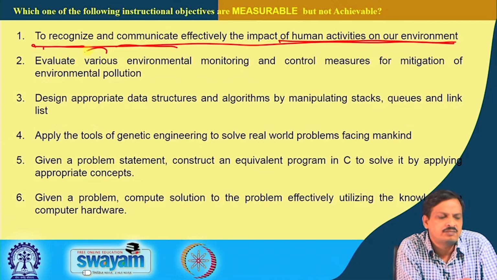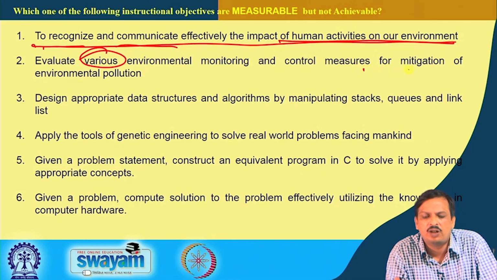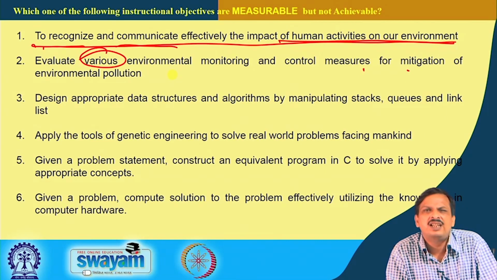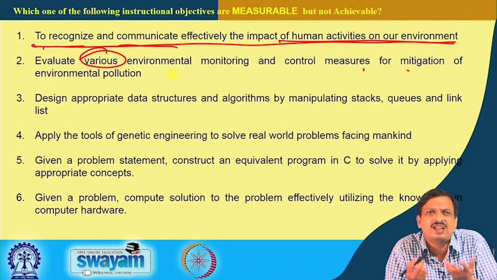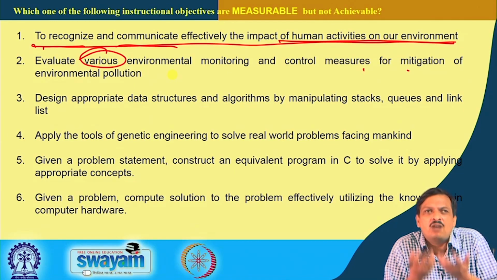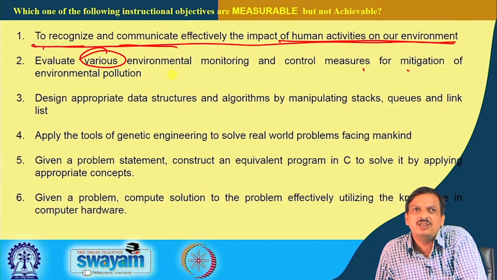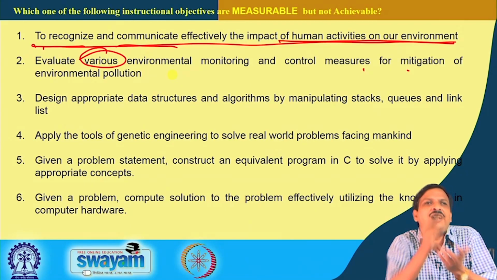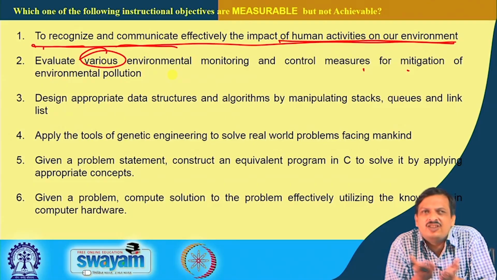Evaluate various environmental monitoring and control measures for mitigation of environmental pollution. It is a statement. How complex is the evaluation? How complex an evaluation you cover in the course is not mentioned. That is why I have given an example. A course has a topic written, filter design. How much filter design is not written.